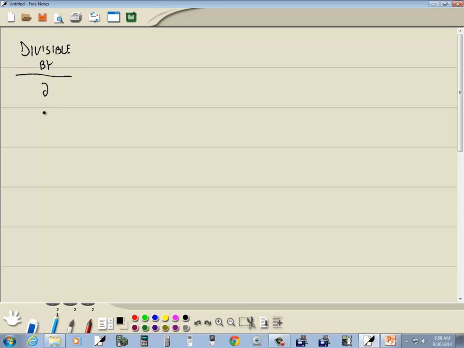We're going to take a look at 2, 3, and 5, our first three primes, which we'll talk about here in a minute. It's divisible by those when, for the 2, your last digit is 0, 2, 4, 6, or 8.